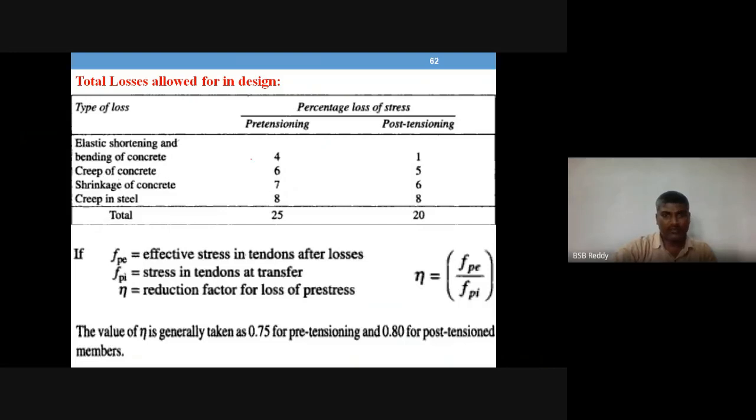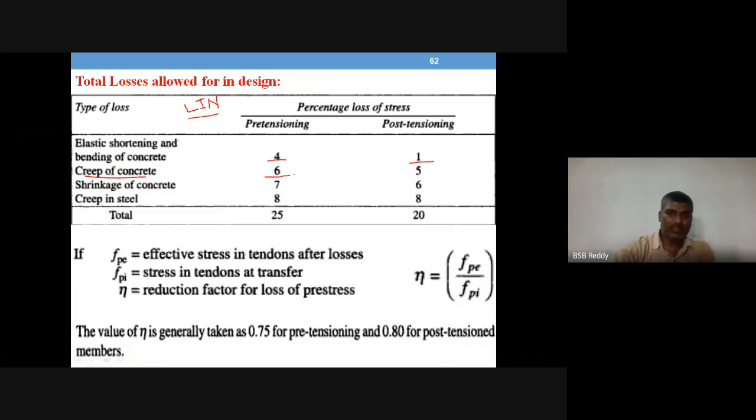Just now I said Lin has given some values of loss of pre-stress. That is this table. It's for general use. Anyhow, for design purpose, we'll be following the IS code 1343-2012. Just to have a general number, these are the losses that can be taken. Elastic shortening, 4% and 1%.